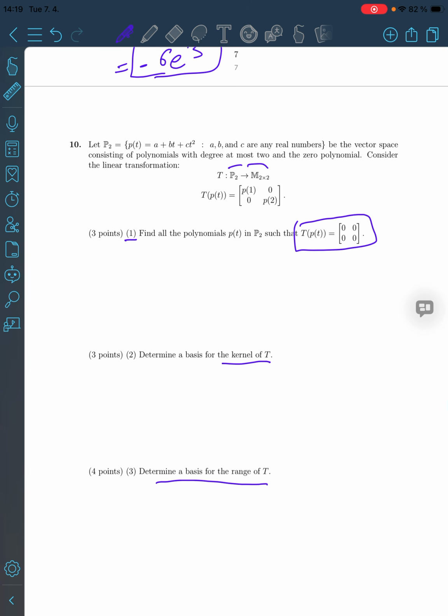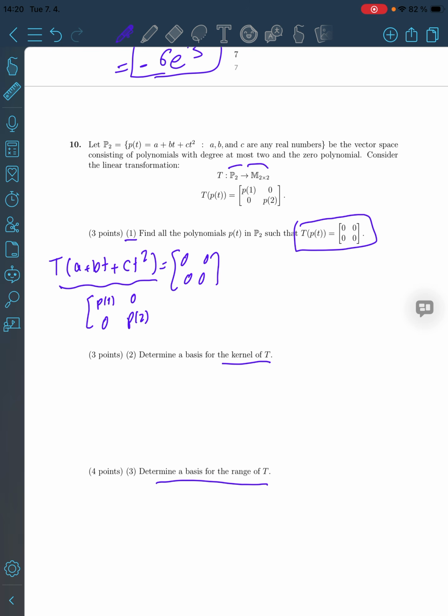Now okay, let's compute the first part. I want to compute all polynomials such that this and this. So let p(t) be a polynomial of degree 2, a + bt + ct^2, with T(p) equal to the zero matrix. Okay, so what is the rule for this? The rule for this is just the matrix with p(1) and 0, 0, p(2).